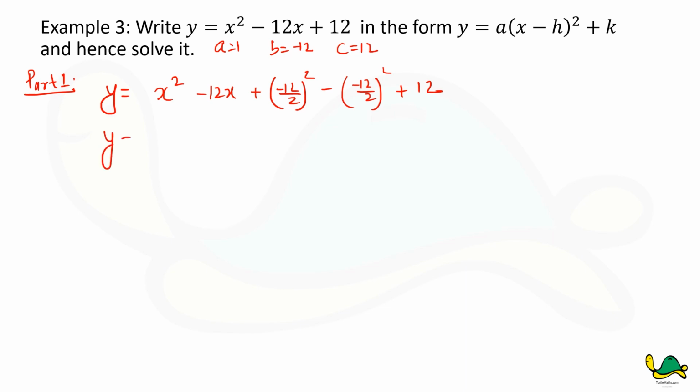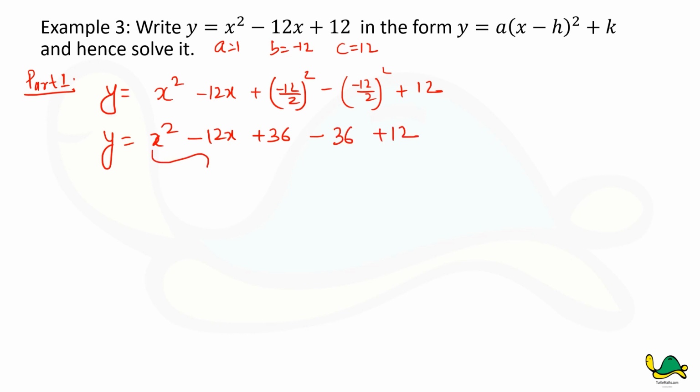We'll have y is equal to x square minus 12x, and minus 12 over 2 is negative 6. Negative 6 square is positive 36. Again, I have a minus sign, and negative 6 square would be 36, but since we have a negative sign outside, it would be negative 36 plus 12.